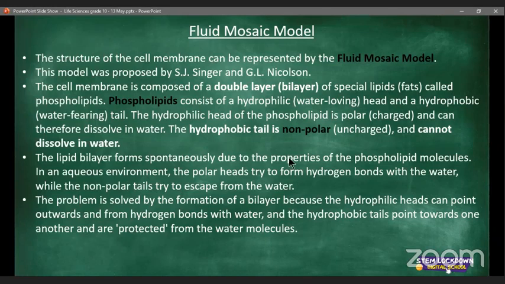You might be wondering what I am talking about. Let me show you this diagram here. This is the diagram of what we're talking about.